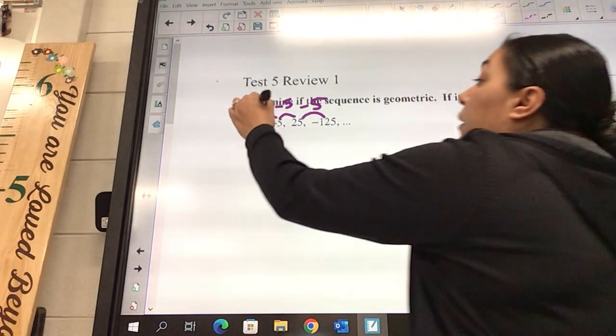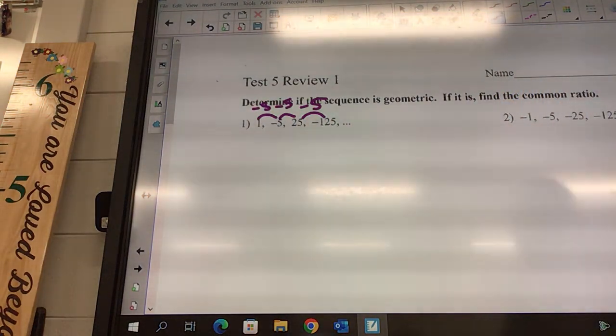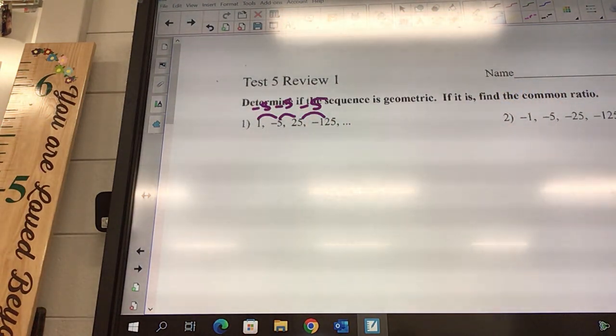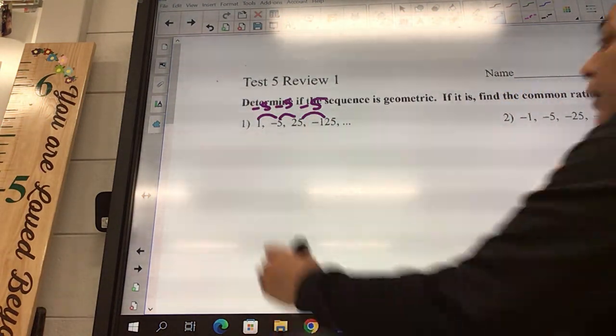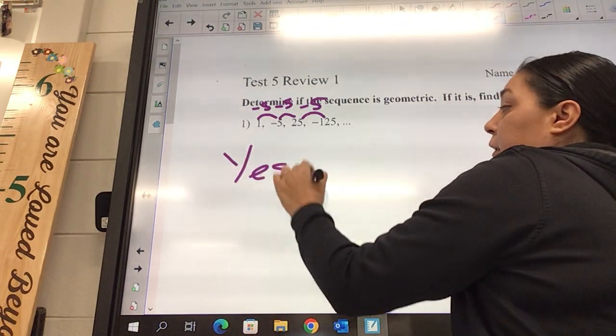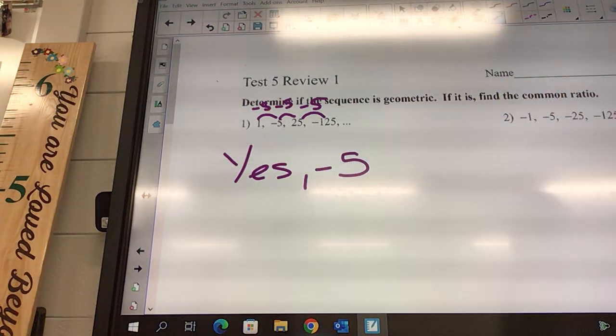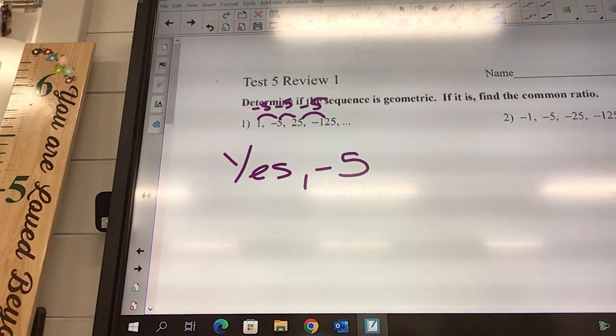Negative 5. Okay, so are those all the same? So is this geometric? Yes. What is the common ratio? Negative 5. Okay? It asks you for the common ratio, so you can't just say yes, you need to say what the common ratio is. Okay, so make sure you take the extra second to do that.